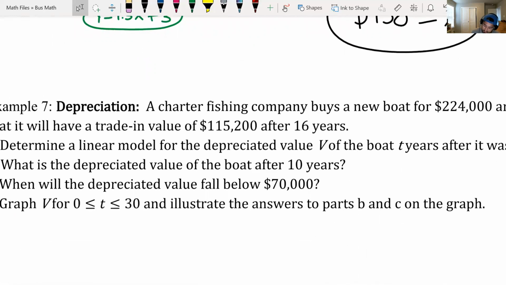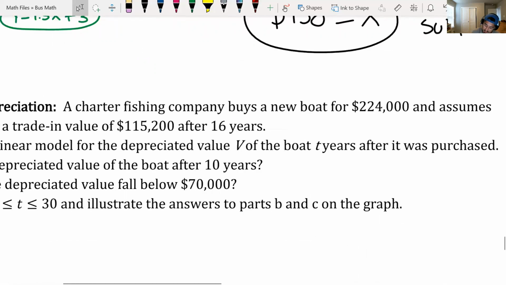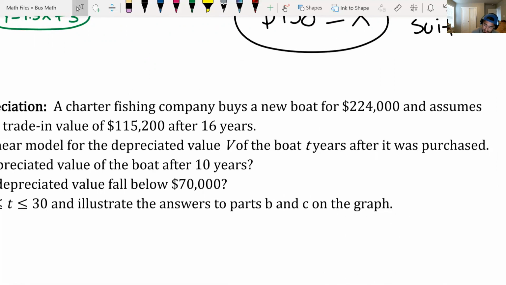And those points, let's see. V is the value, and the boat is T years. Okay, so this means that T is going to be kind of like X. So if we just bought the boat for $224,000, how many years have passed on the boat? And that answer is 0. So that's our first point.